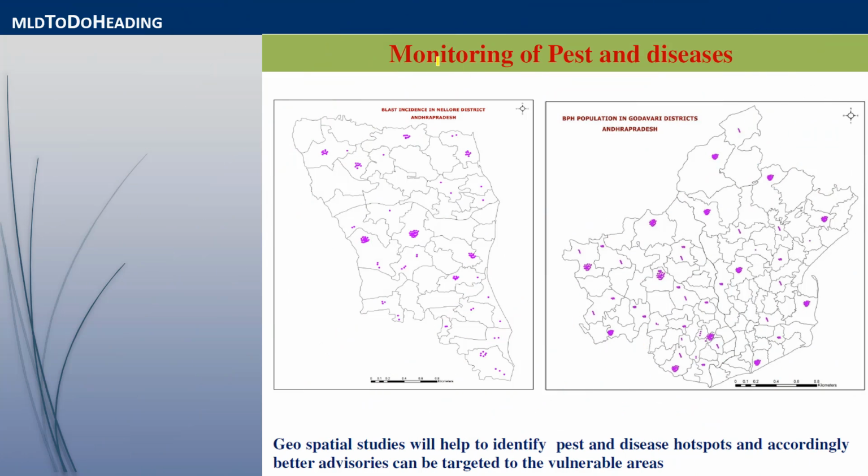And the next use is monitoring of pests and diseases among crops. These purple regions over here represent pest and disease hotspots, and these hotspots were identified with the help of geospatial technology in Andhra Pradesh.